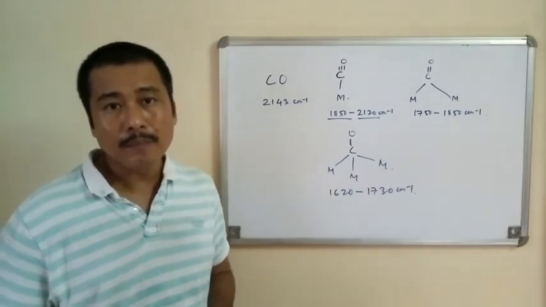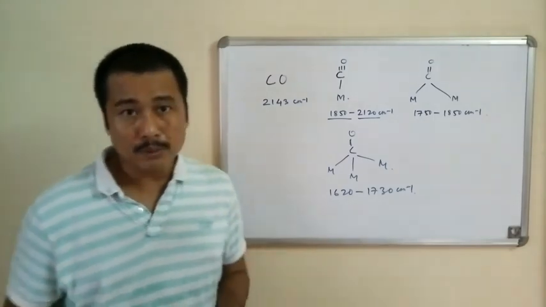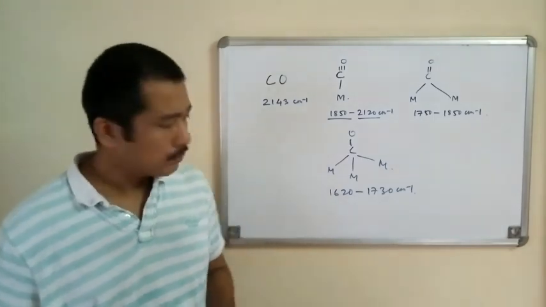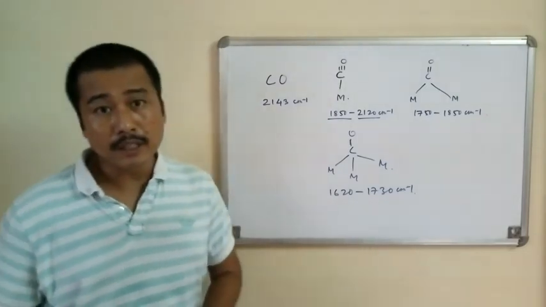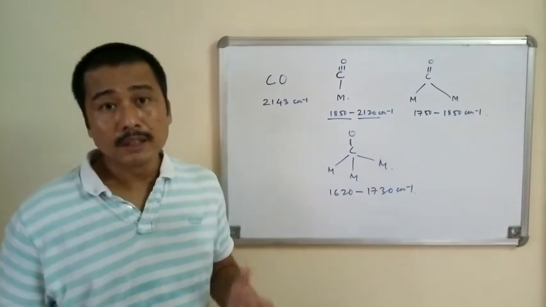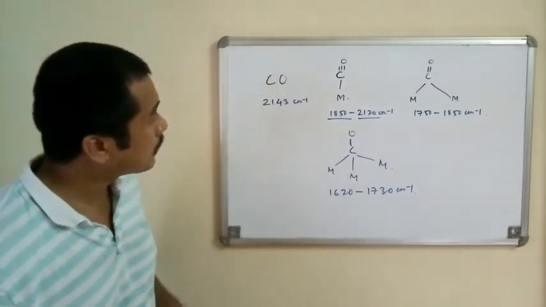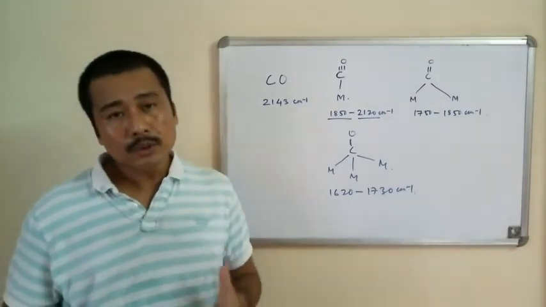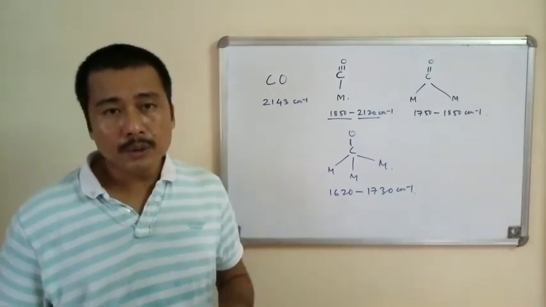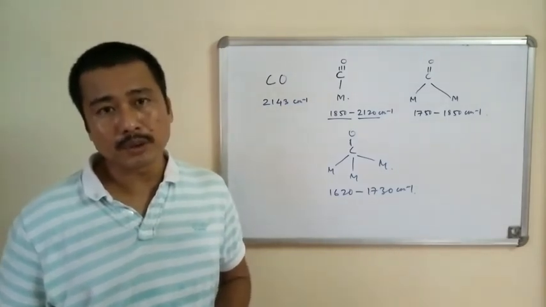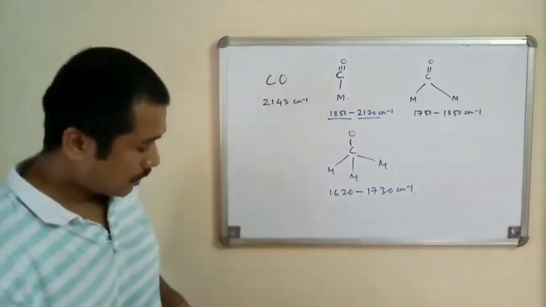That is why the CO stretching vibration appears somewhere near 1350 centimeter inverse for the semi-bridging binding mode. So what we have essentially seen is that by just looking at the CO stretching vibration in different metal carbonyl complexes, one can predict which particular binding mode of carbon monoxide is present in those complexes.